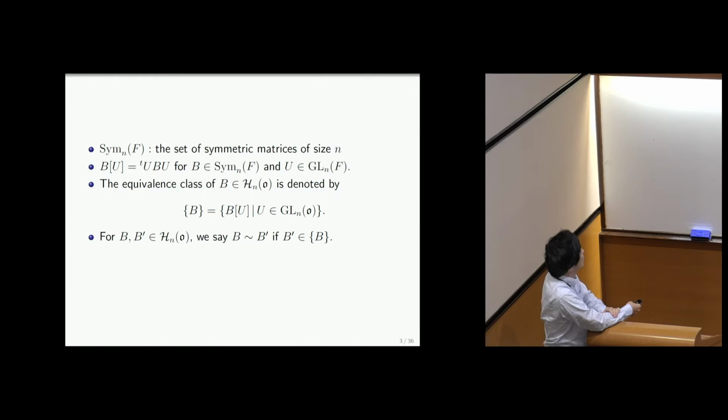Let Sym_n(F) be the set of symmetric matrices of size n, and B[U] is U transpose B U for a symmetric matrix B and a matrix U. The equivalence class of B is denoted by {B}, which is the set of B[U] such that U is unimodular.